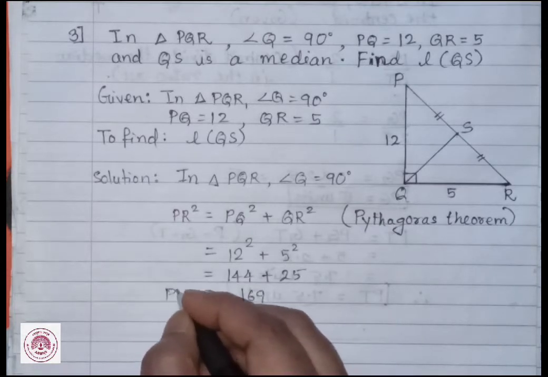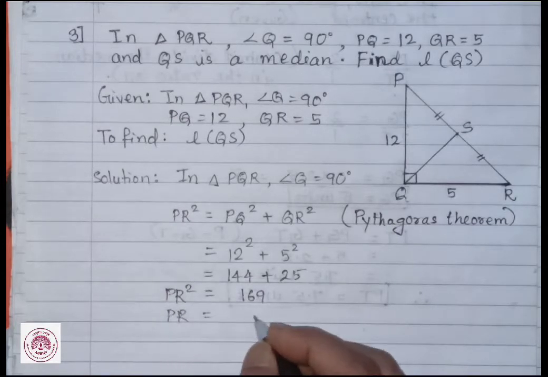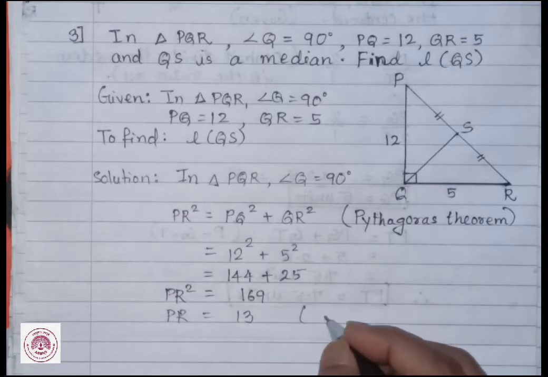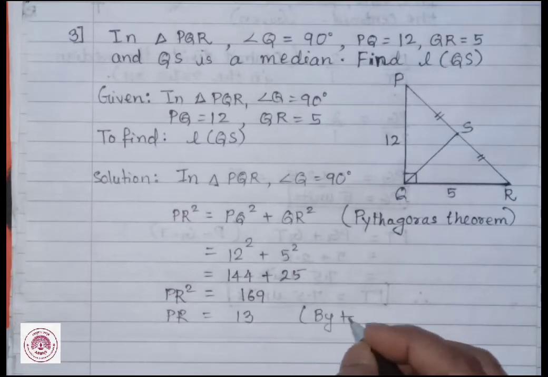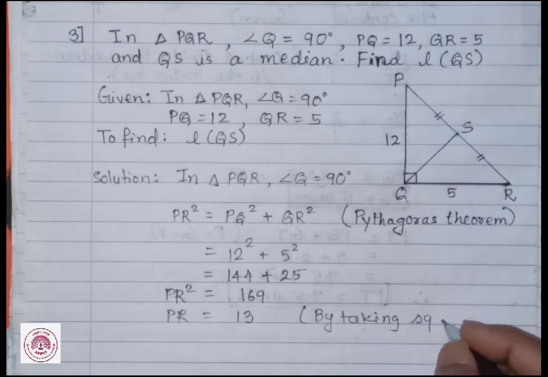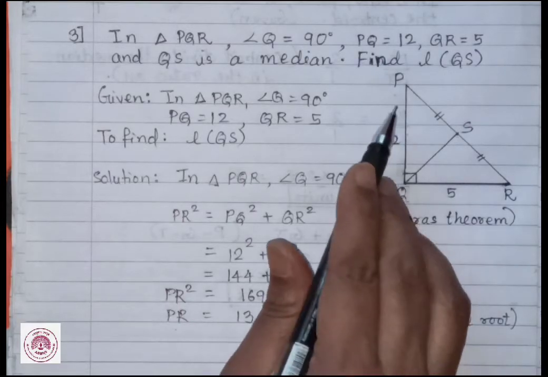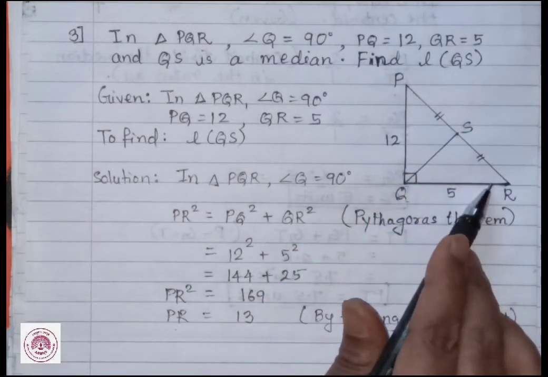So PR square equals 169. So PR is equal to 13 by taking the square root. We got the value of hypotenuse PR.